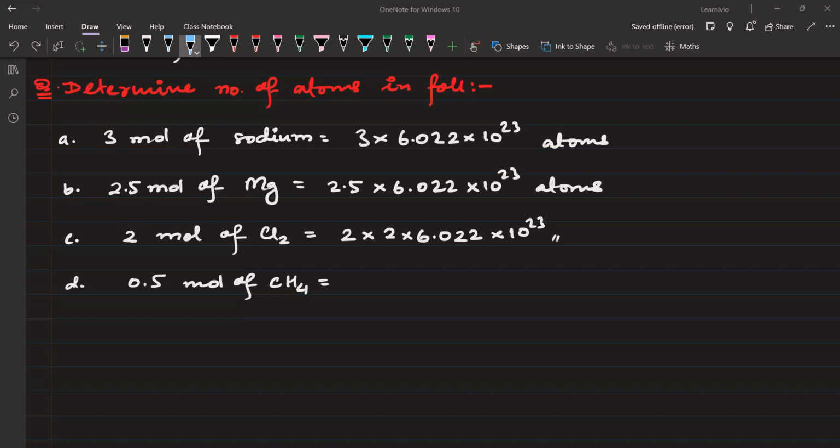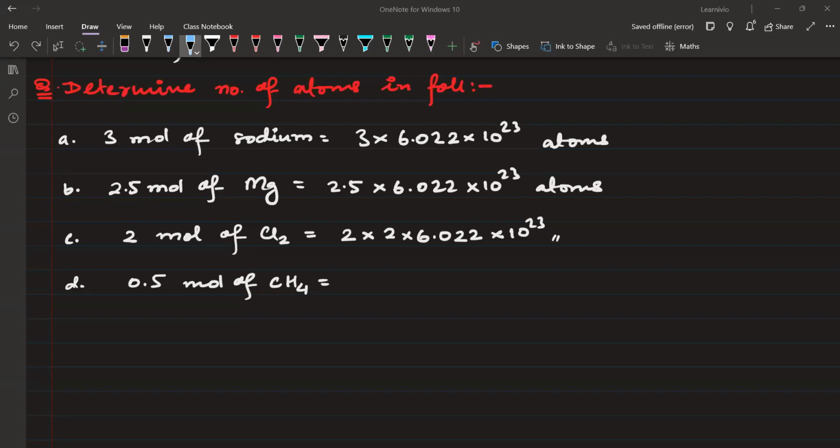Zainab, am I audible? You need to answer, otherwise it will be very difficult. No, Zainab, that's not what I asked. I asked how many atoms are there in CH4.